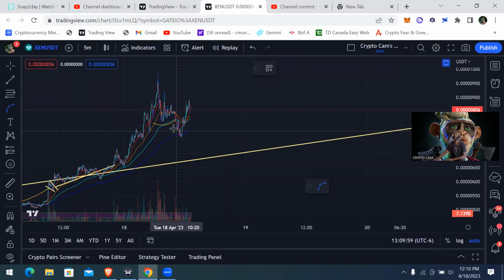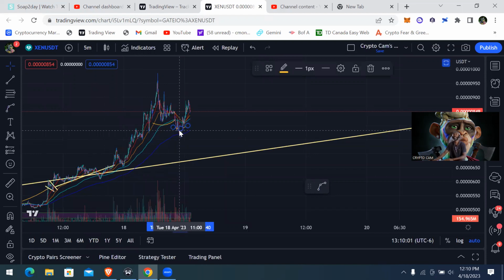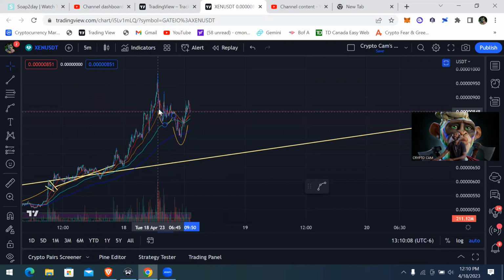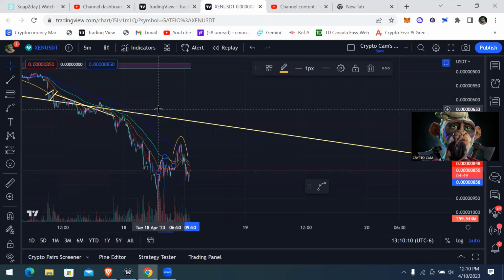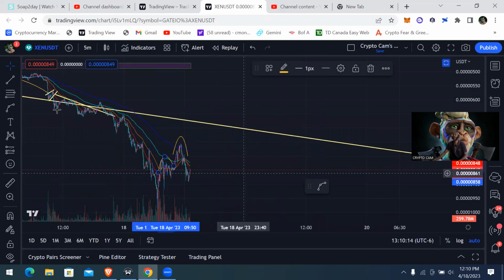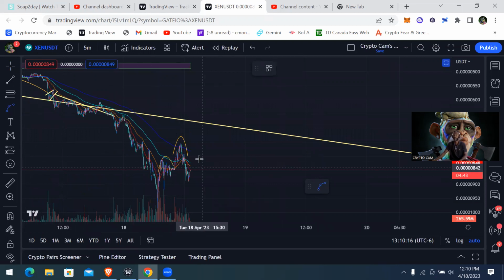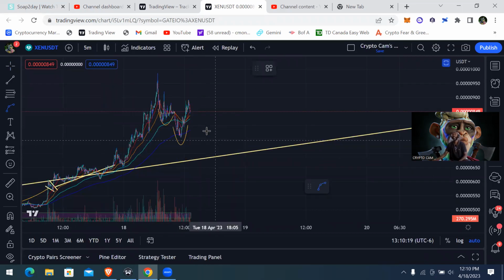All right, so this pattern that I see right here, this is an inverted head and shoulders pattern. Head and shoulders patterns, if they're right side up, would be a bearish pattern, so you would expect it to break down. But in this case, because the pattern is inverted, the opposite is going to happen.